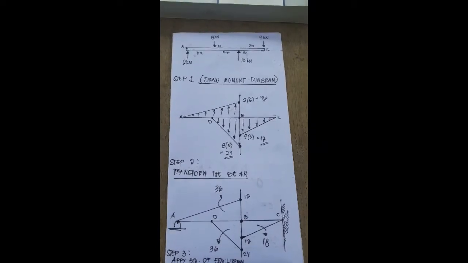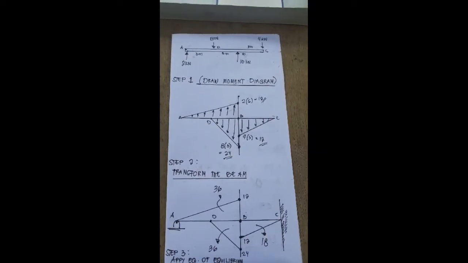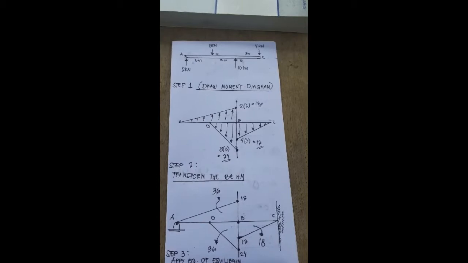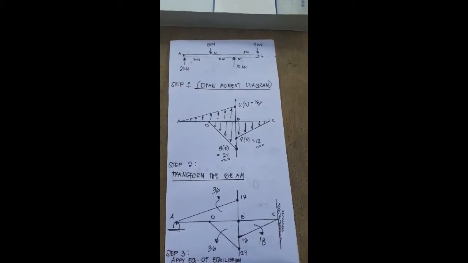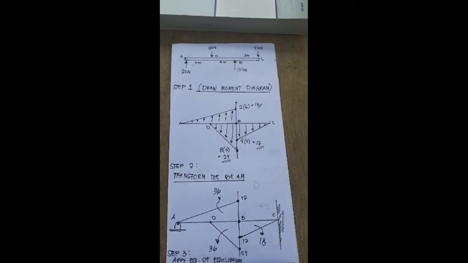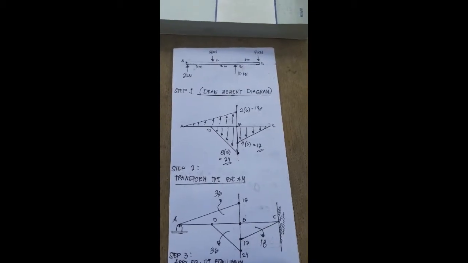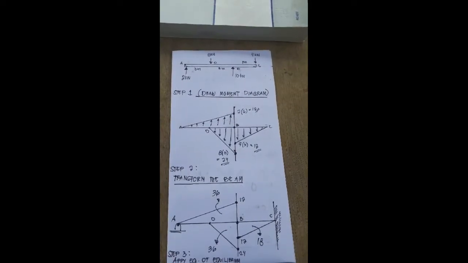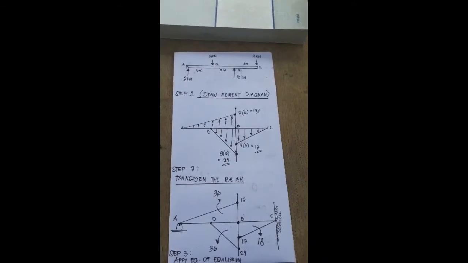Step 1. So draw the moment diagram. So gigamit ko og point B as reference point. So agahong buhaton ron is magdraw kong moment diagram by parts. So 2, mo-rotate ang 2. So 2 times the span from A to B. So 2 times 6 is equal to 12. So 8 downward.